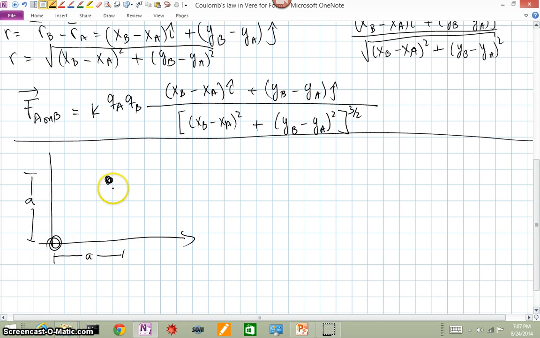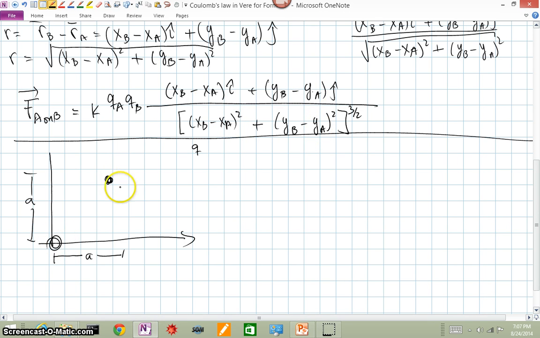Let's say they both have charge Q. What is the force on this one due to this one? Okay, so this is the equation, right? We know that the vector for this one is 0. This is RA here, that would be 0. So this number is 0, this number is 0, this number is 0, and this number is 0.